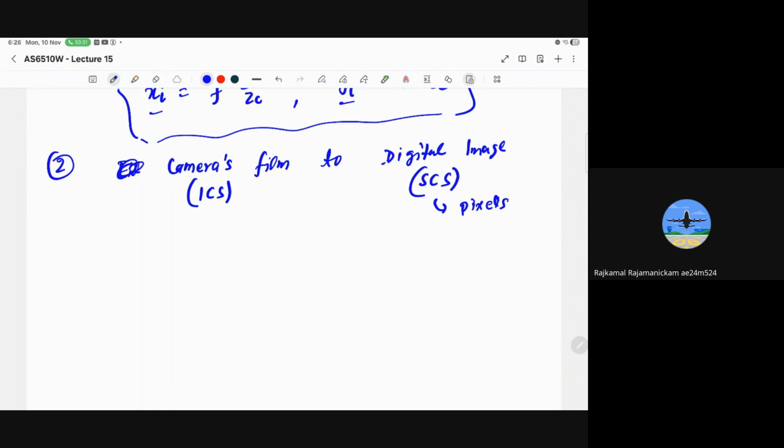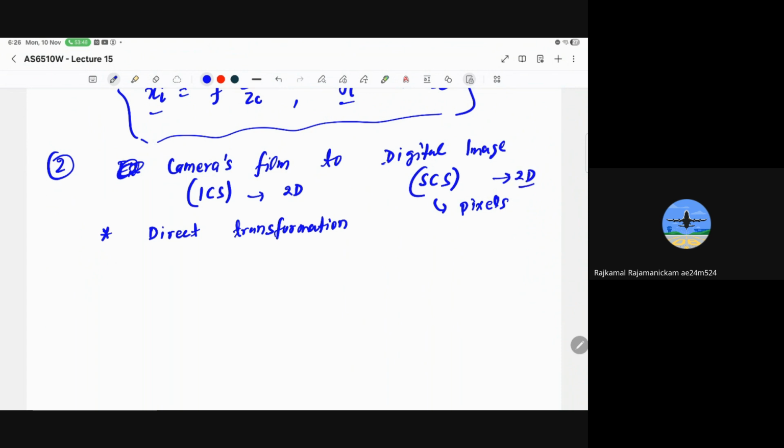Like I mentioned before, this is a simple direct transformation, because this is in 2D and this is also in 2D.